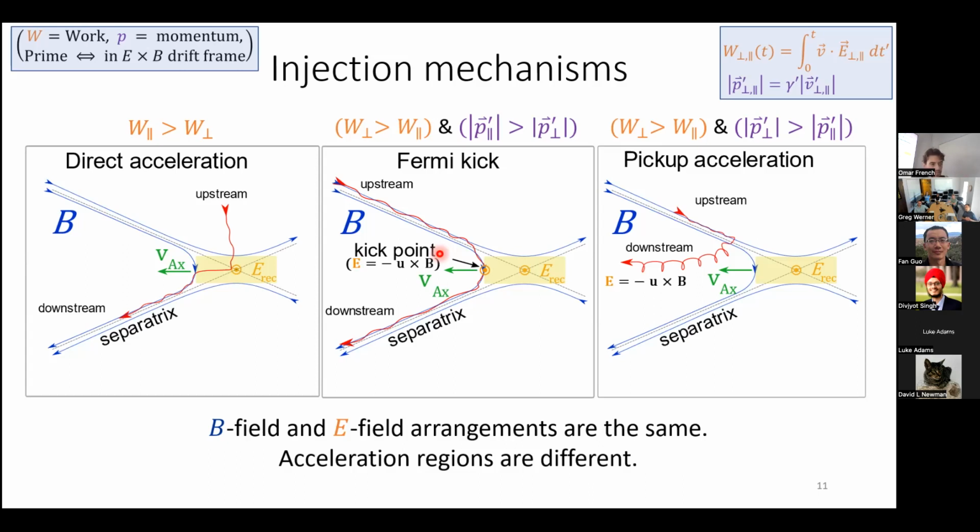It enters this region very suddenly, and its magnetic field changes very quickly on a short time scale, which gives this perpendicular momentum.